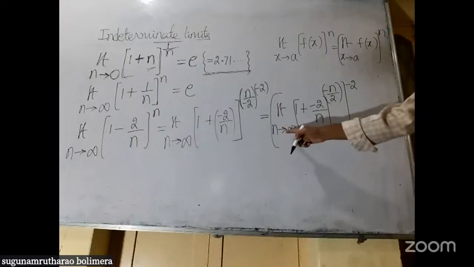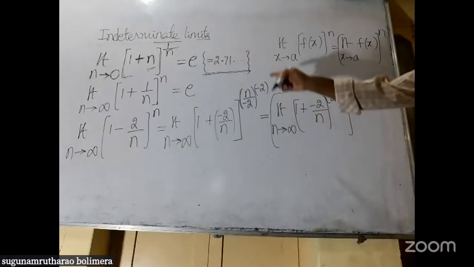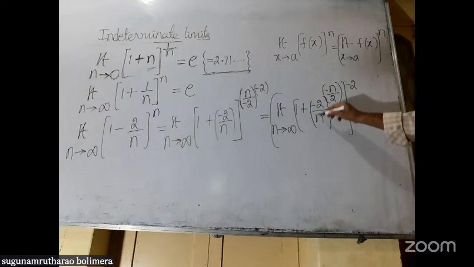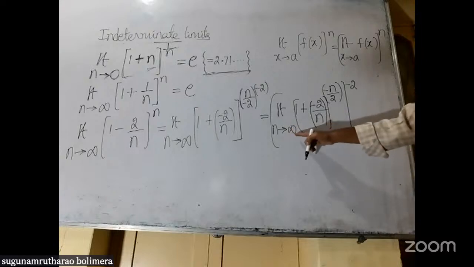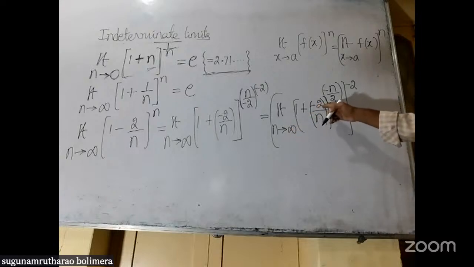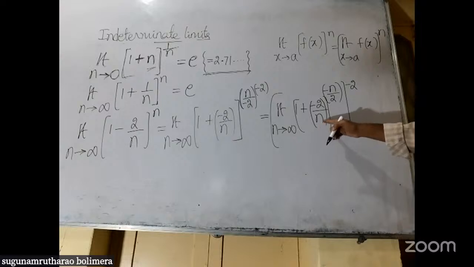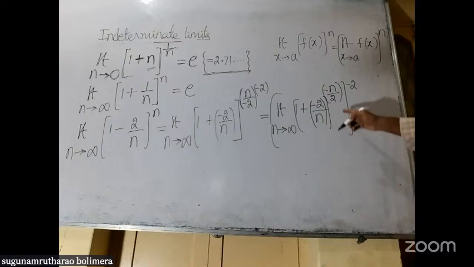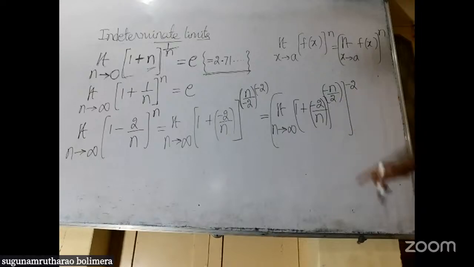So n tends to infinity is just like the second one, 1 plus minus 2 by n. n tends to infinity means minus 2 by n also tends to 0. The reciprocal of it is there in the power of it. So whole power minus 2.